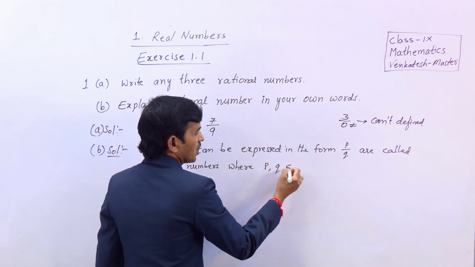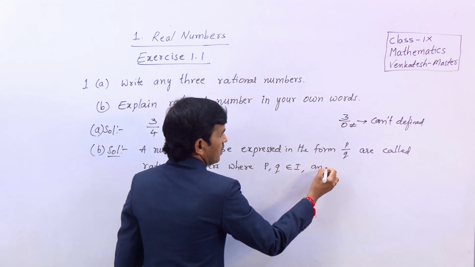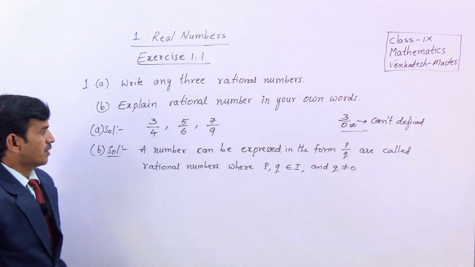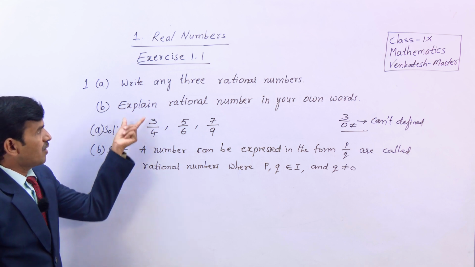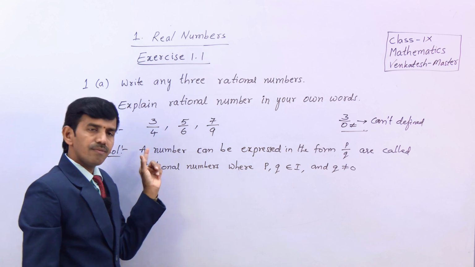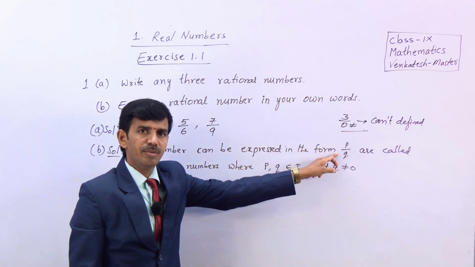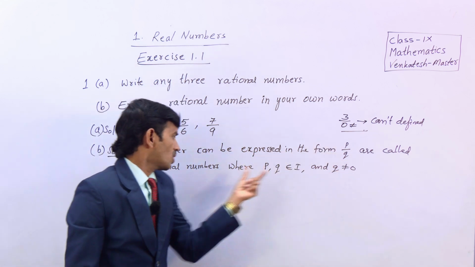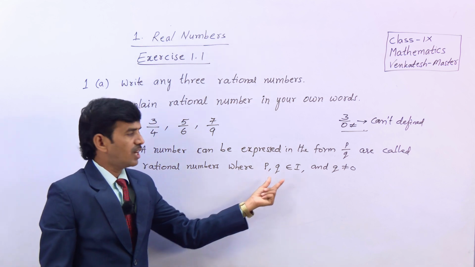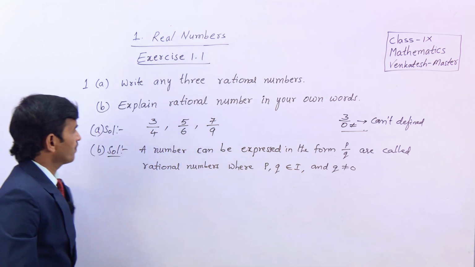P, Q belong to integers and Q must not be equal to 0 according to our definition. So here we can write the definition of a rational number: any number which can be expressed in the form of P by Q. Such kind of numbers are called what? Rational numbers. But the condition is what? P and Q belong to integers.